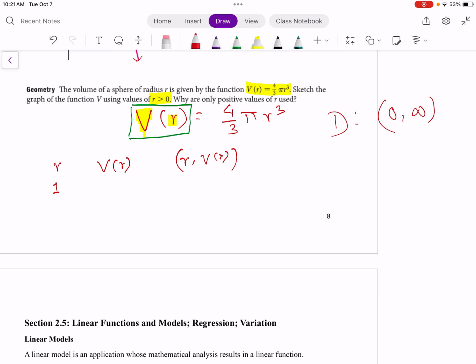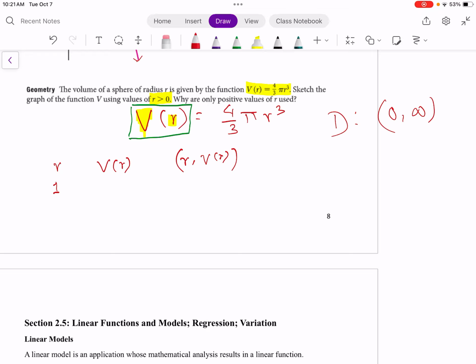So we have 4 by 3 pi. Now, okay, I need help here. Has anyone carried a calculator? So what is 4 over 3 times pi? Can you help me? Just replace your r by 1. So 4 over 3 times pi. What is pi? 22 over 7 times 1 cubed.